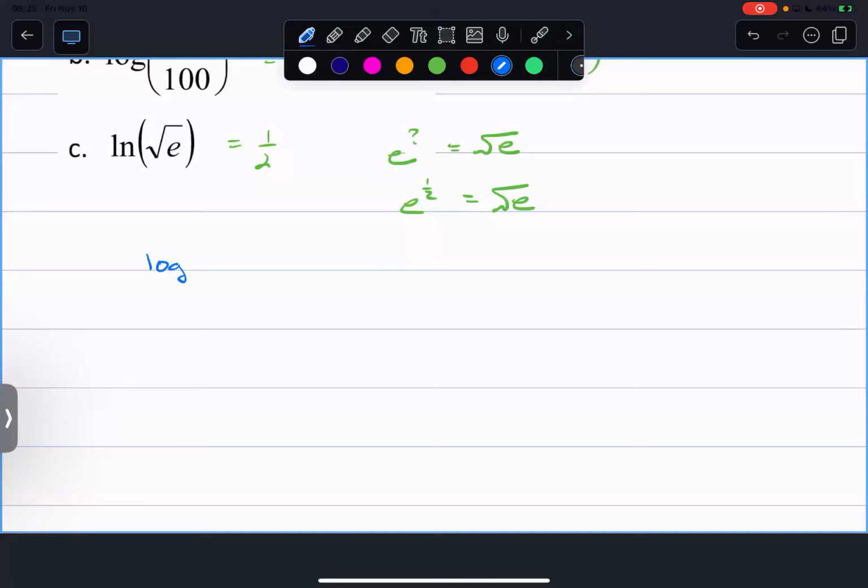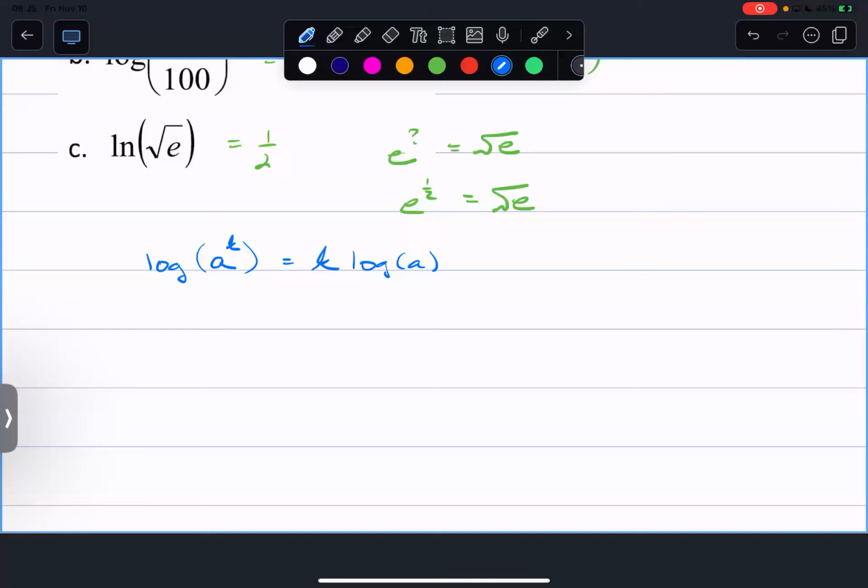So this could be log base e, but log base anything of a to the power of k, I can rewrite as k times log of a, right? That was the moneymaker for logs, being able to bring that exponent downstairs so that we can solve for it.